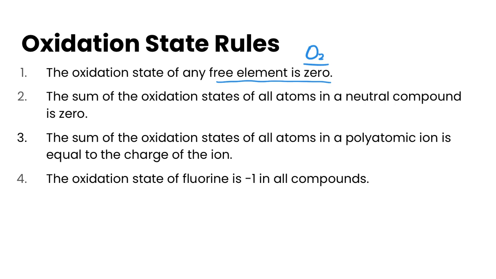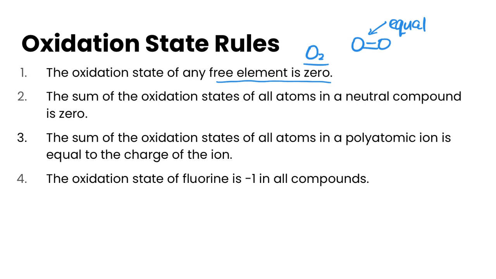0. And that's because if we took a look at this molecule of oxygen, we have the 2 oxygens bonded together, but they have equal electronegativity. And so the electrons are being shared equally across the bond, which means we're not having really any transfer of the electrons back and forth.